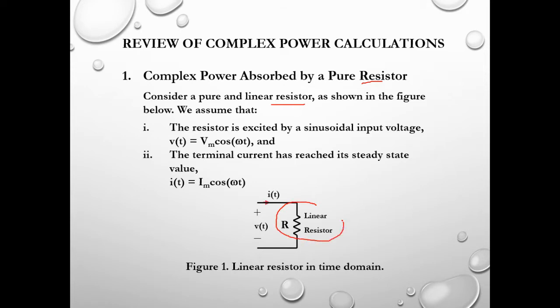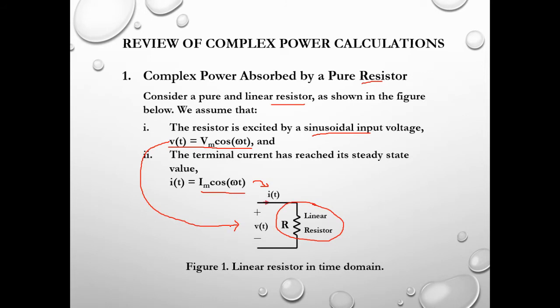We assume that the resistor is excited by a sinusoidal input voltage, v(t) equal to Vm cos omega t, and the terminal current has reached its steady-state value, where i(t) equal to Im cos omega t. So this is the value for I, and this is the input value for V.